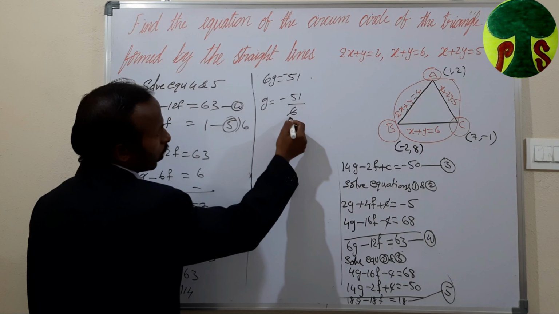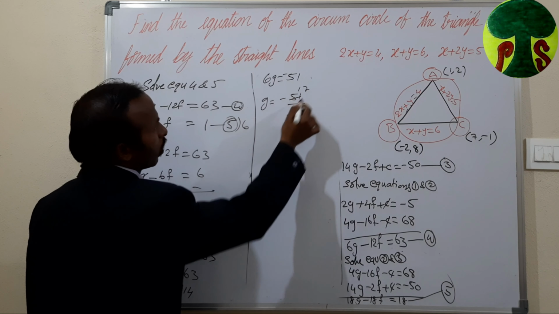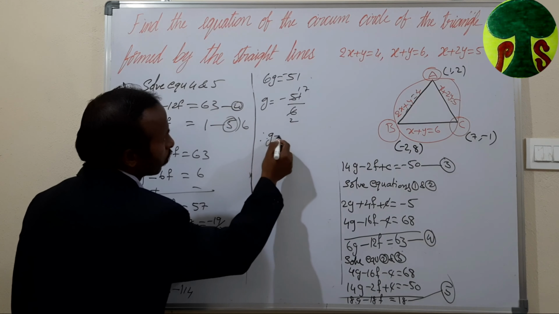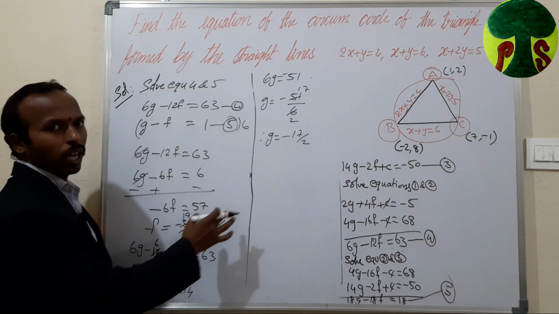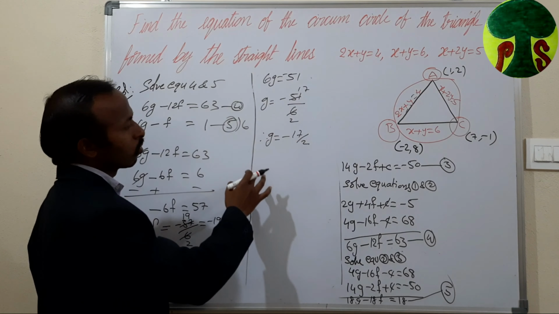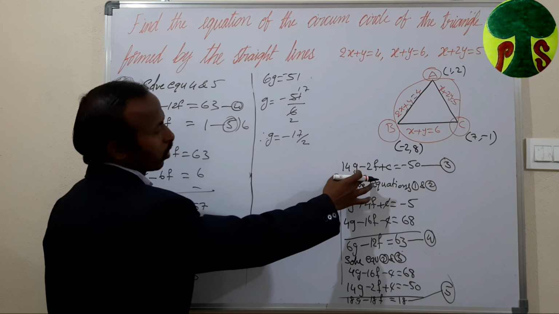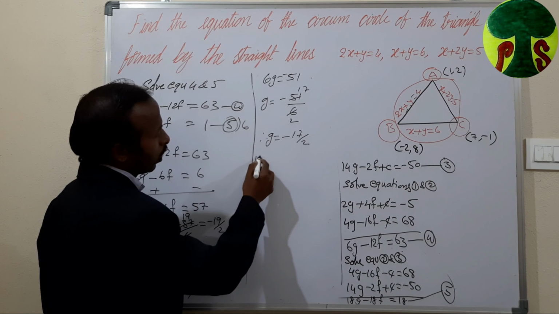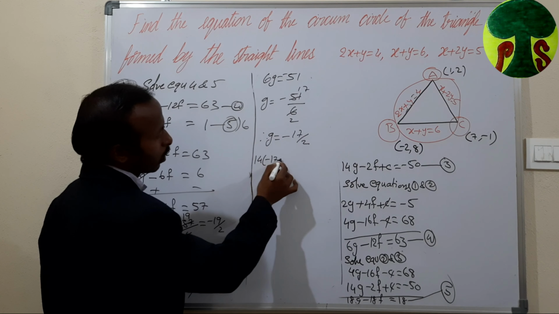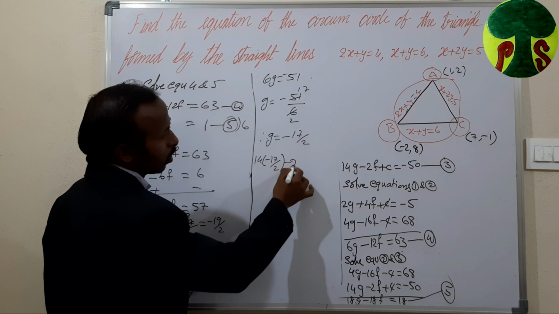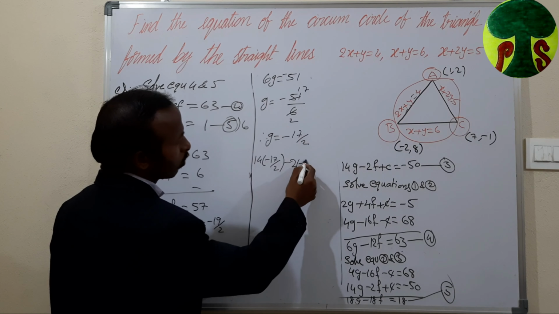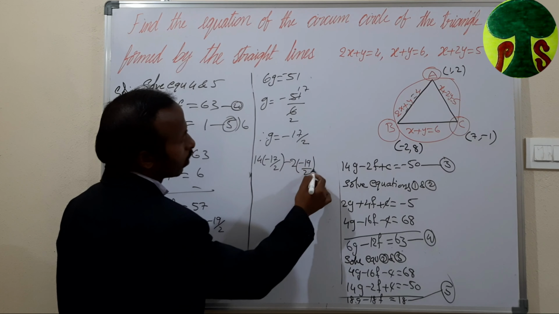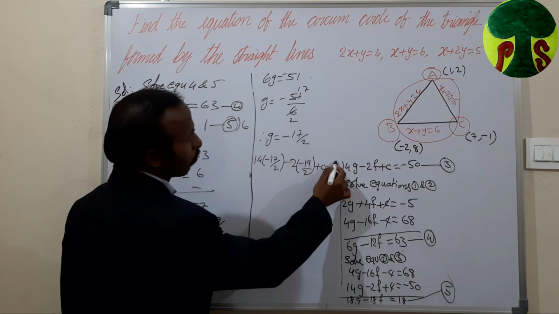So 3 twos are 6, 3 seventeens are 51. Therefore g equal to minus 17 by 2. Now we got f value as well as g value. These two values you note down in the equation 3. So that is 14 into minus 17 by 2 minus 2 into f, which is nothing but minus 19 by 2, plus c equal to minus 50.